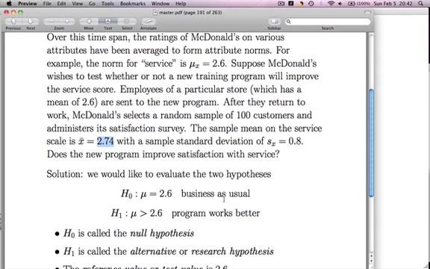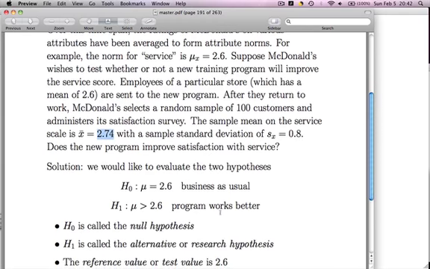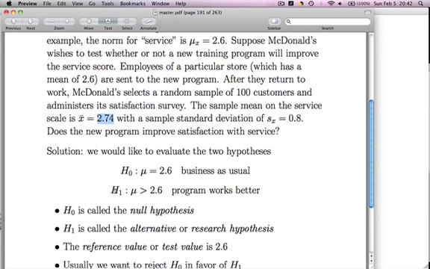Let's call that the business as usual hypothesis. The alternative I'm going to state is that mu is in fact bigger than 2.6. The new program therefore works better. This H1 is called the alternative hypothesis. It's also called the research hypothesis.